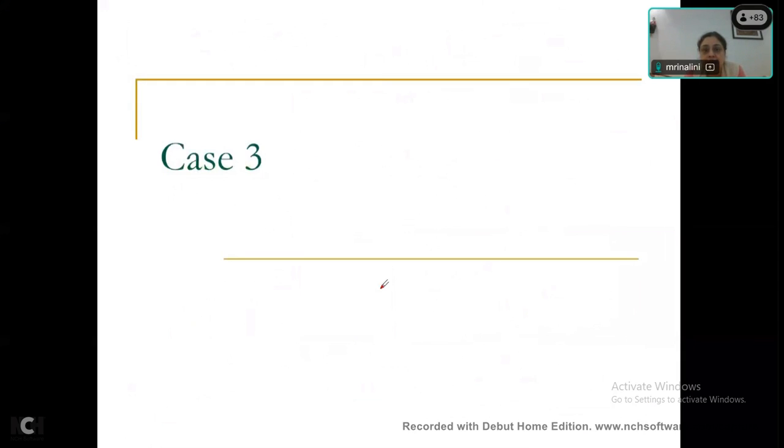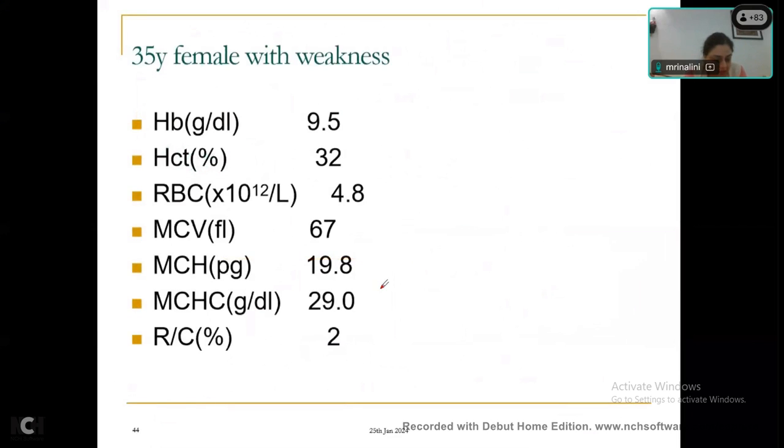Then coming to case 3. So Weber, will you discuss it? Yes, ma'am. This is a case of a 35-year-old female with weakness. HB is mildly reduced. RBC is normal. MCV is reduced.